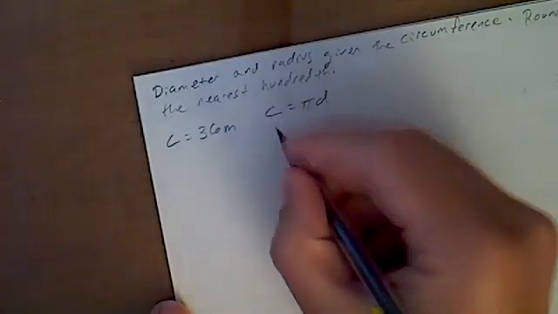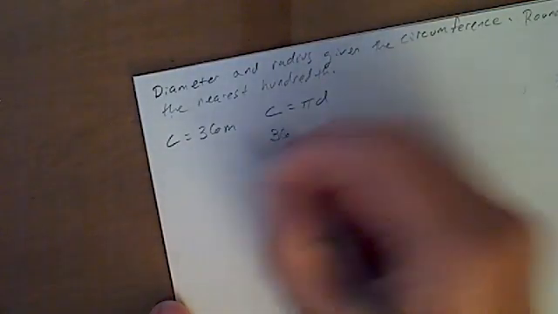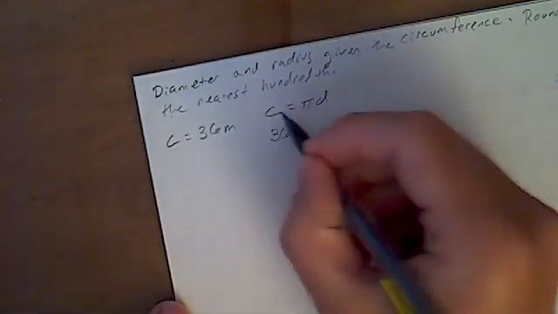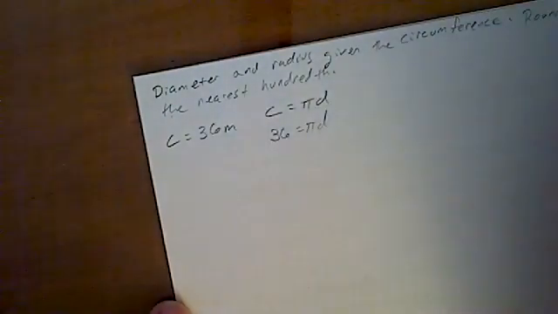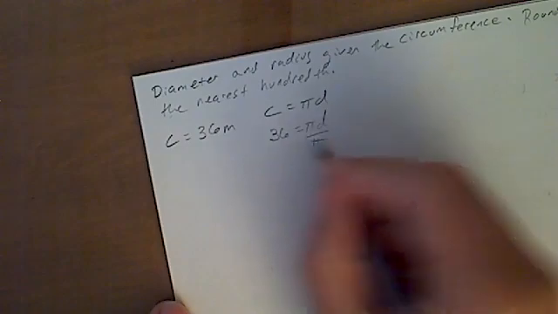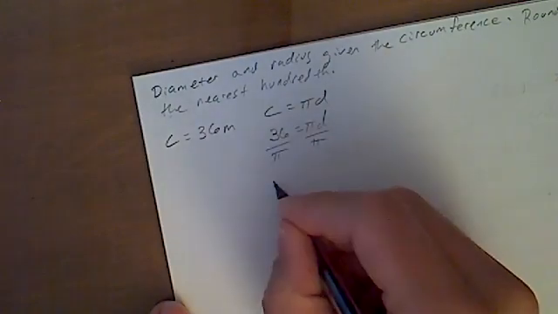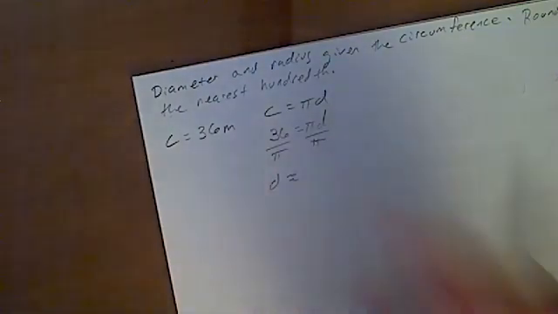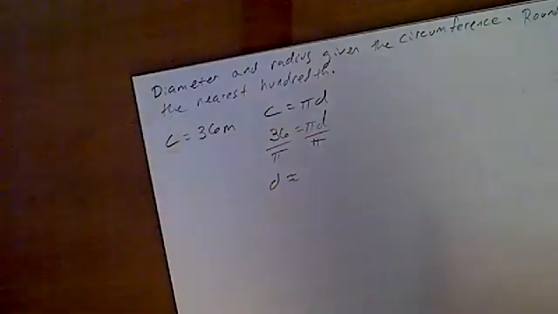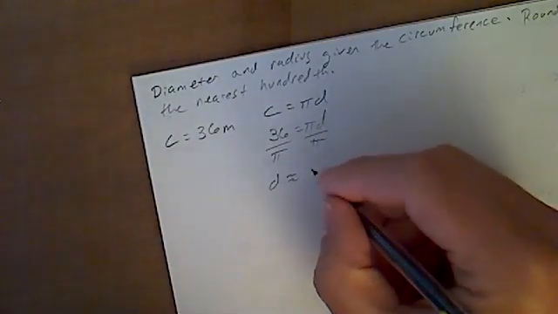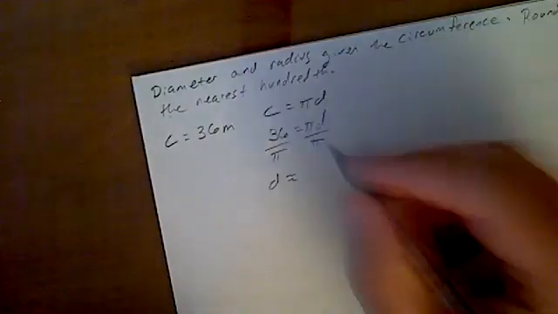The circumference here is 36, so it's just a substitution. C is 36, and then we can divide both sides by pi. And then we would use a calculator. 36 divided by pi is about 11.46.